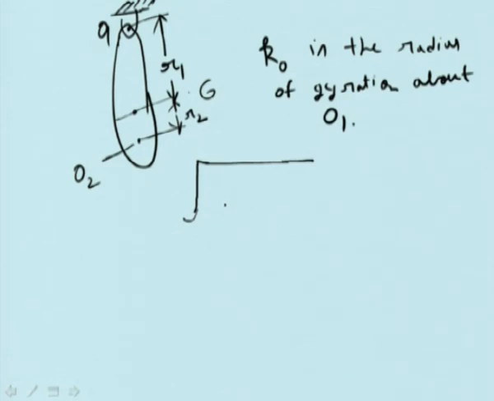Now let me use the expression for the equivalent length, which is K square by OG. Omega n is equal to the square root of OG multiplied by g divided by K square.